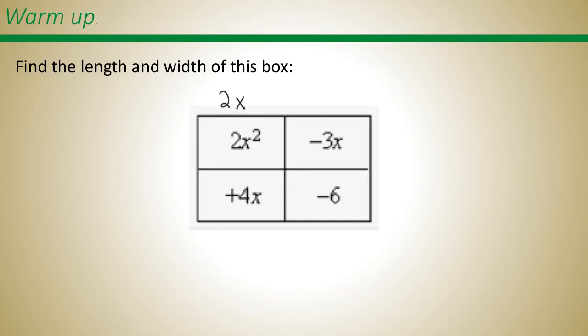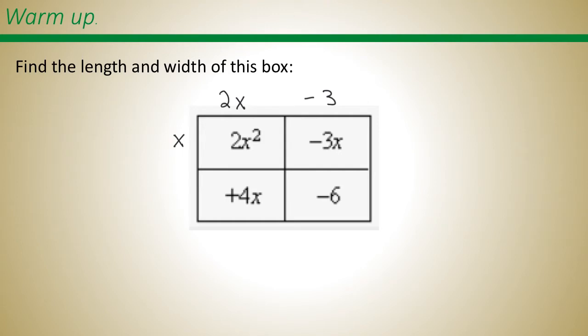The next one. These two boxes, what do they both have in common? Since this is a negative, we're going to pull out that negative sign. They can both be divided by 3, so negative 3 would be that length. This next one, they don't have a common number, but they both have an x, so we're going to have an x here.